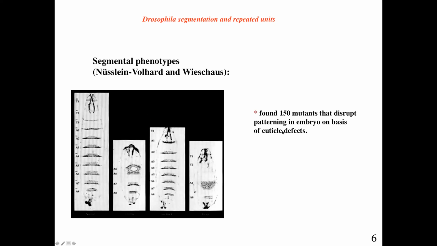Okay, so as they scored these phenotypes, imagine now you're sitting at the microscope. Every day you have thousands and thousands of cuticle preps that you're doing, and each cuticle in one vial is one phenotype or no phenotype.